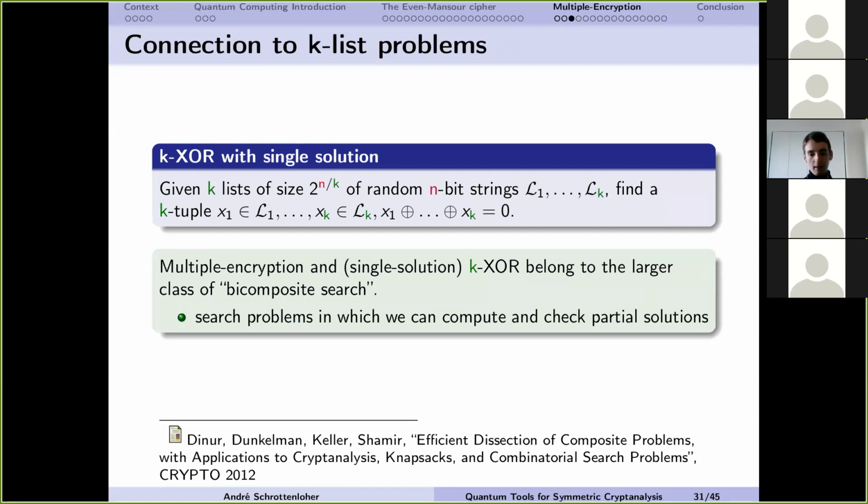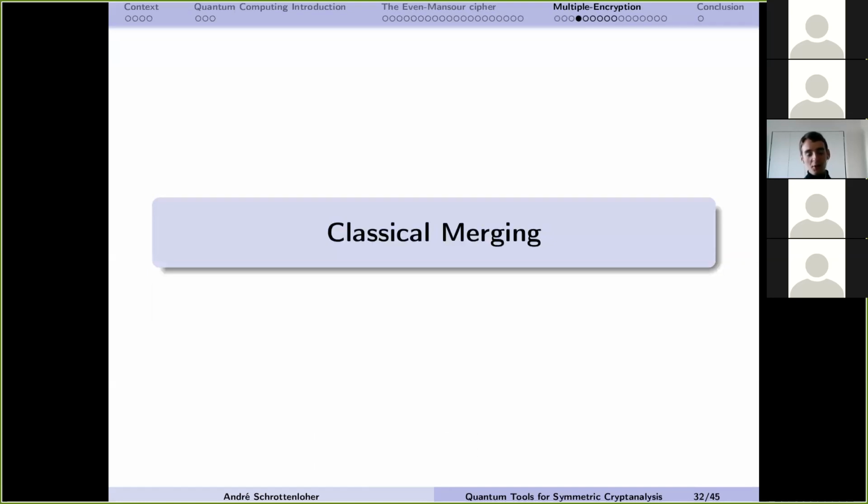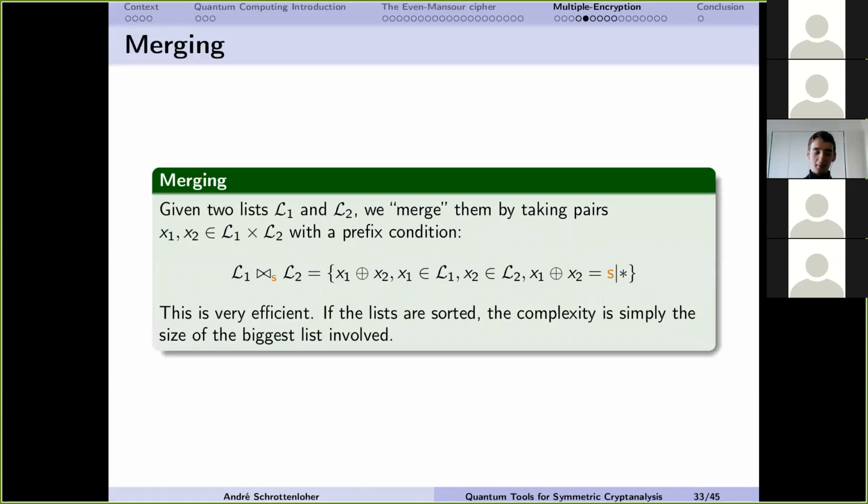Okay. That wasn't clear at all, so I'm going to give the idea of what happens for these K-list problems, but always in connection with the multiple encryption setting.